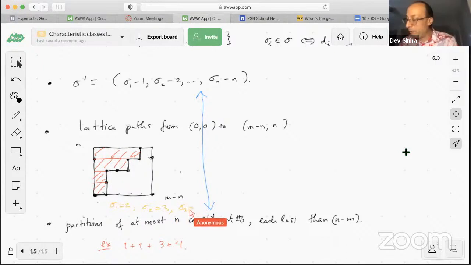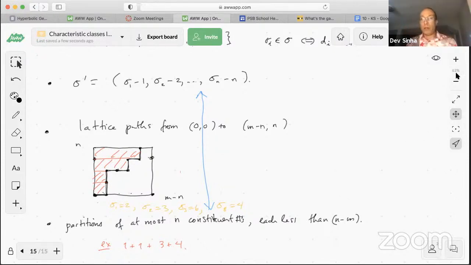So sigma 3 is 6. And 7, I went to the right. In my 8th step, I went up. So sigma 4 equals 8. And if I take 2 minus 1, 3 minus 2, 6 minus 3, 8 minus 4, I get 1 plus 1 plus 3 plus 4. Okay.